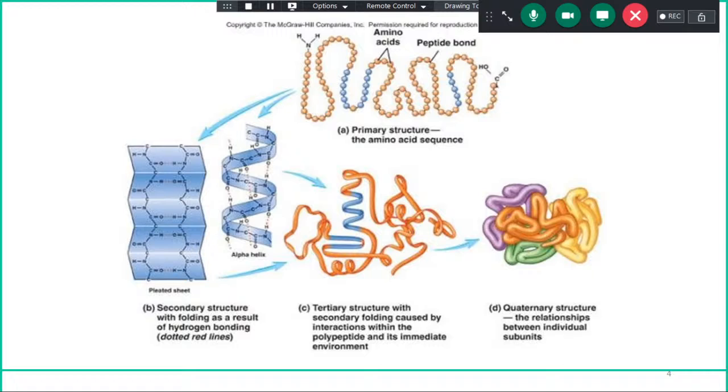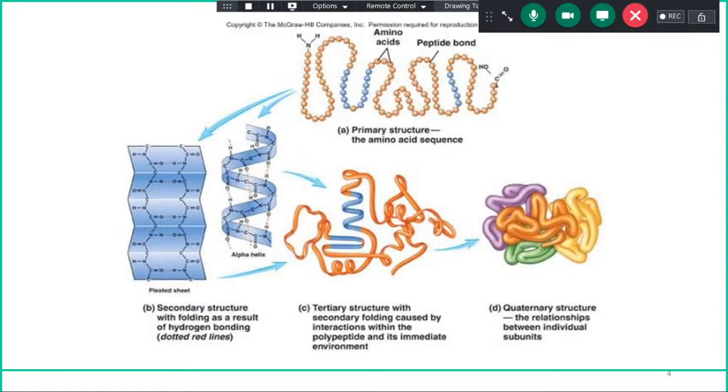In the secondary structure, which is basically the folding of segments of protein with the help of hydrogen bonds in most cases, the classical examples are alpha helix and beta pleated sheet.